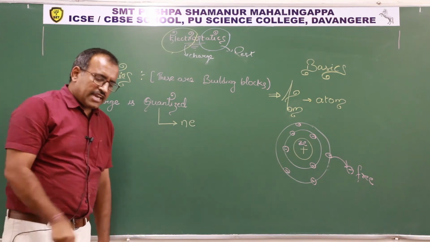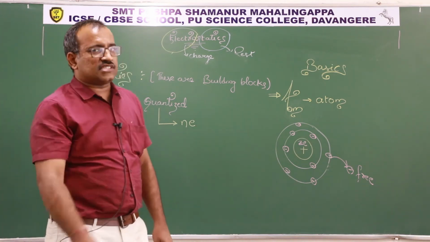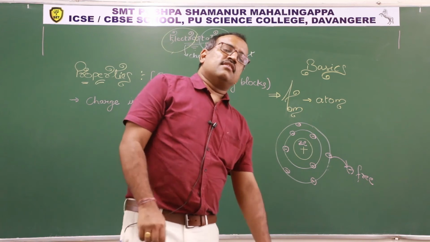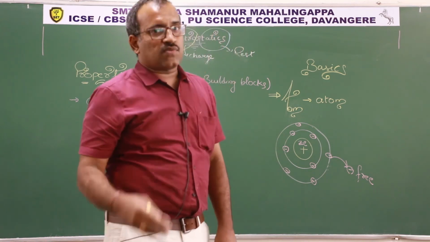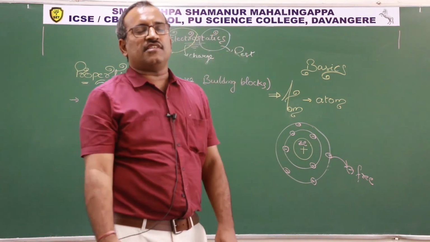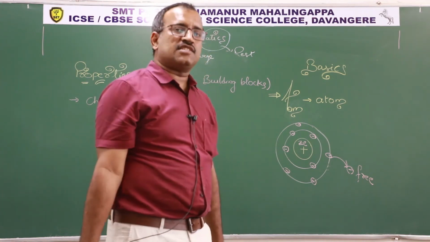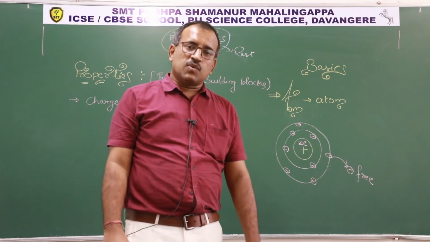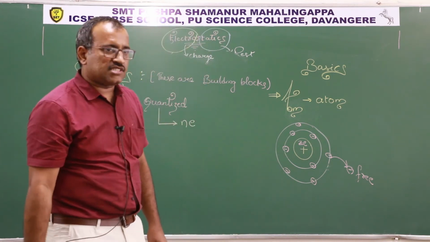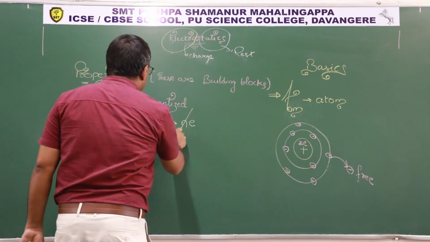Remember, in first year or second year you may read Bohr's quantization principle in chemistry. Of course, you are going to read it in physics as well, and you studied it at school level too. Quantization means it is an integral multiple.